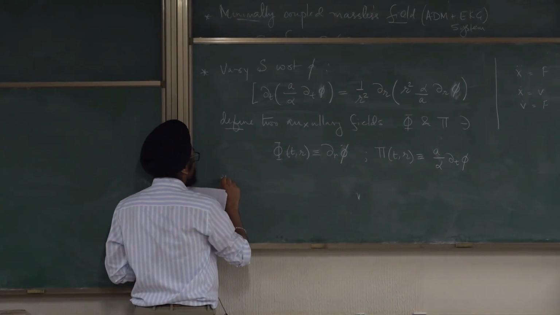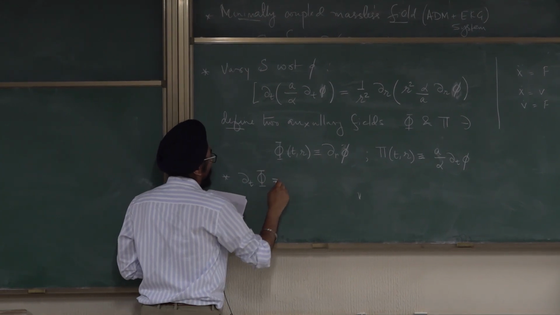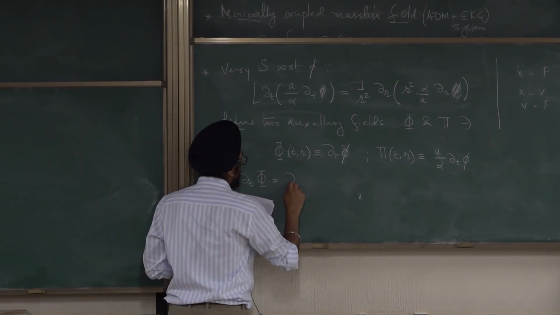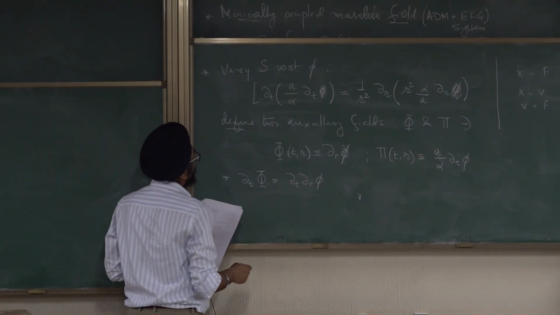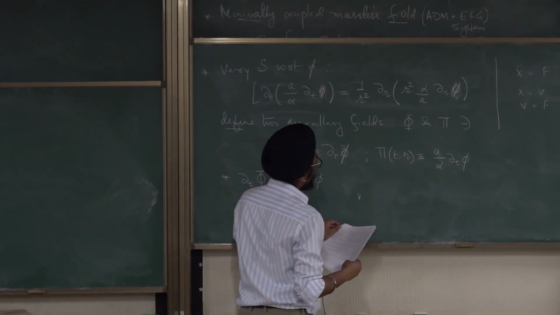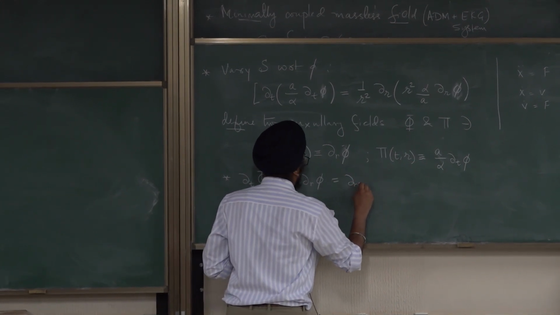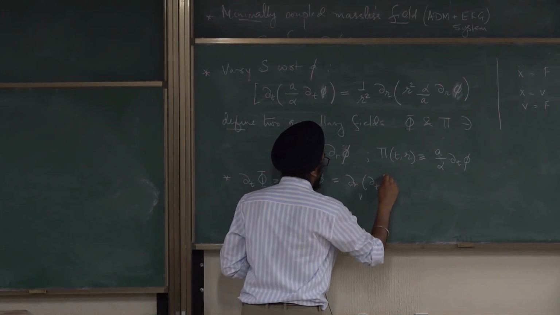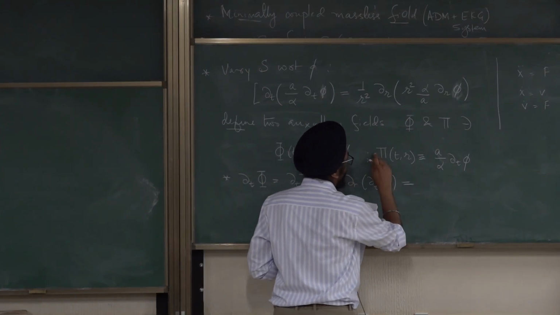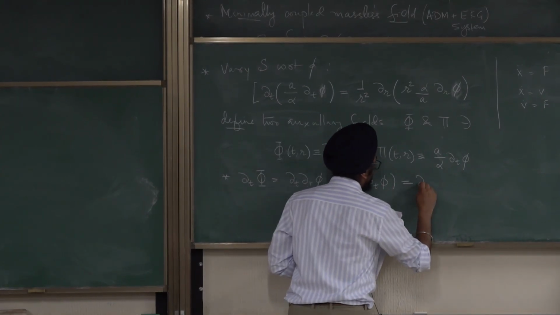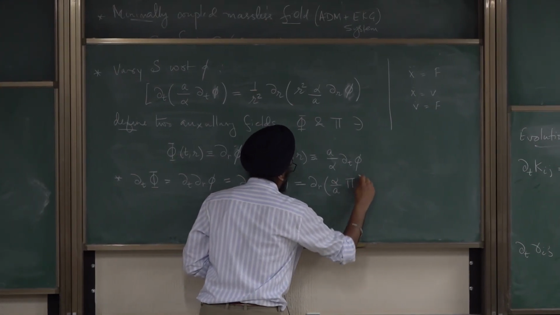The first one is del_t of Phi, so del_t del_r of phi, which is del_r of del_t phi, and del_t phi is alpha by a Pi. So this is del_r of (alpha by a Pi).